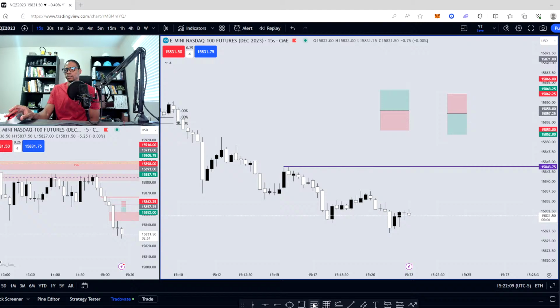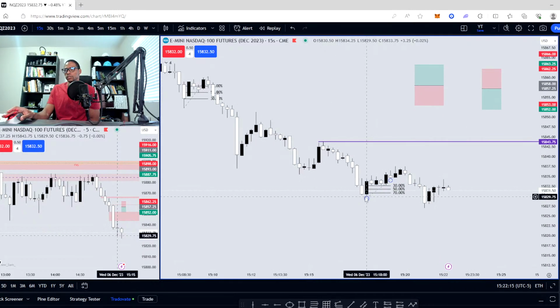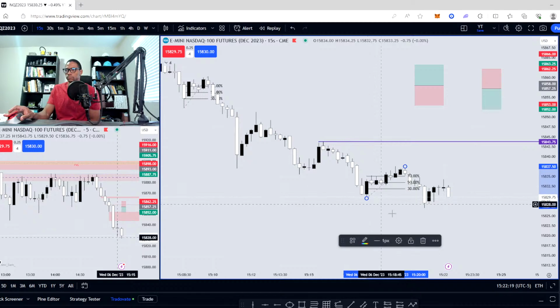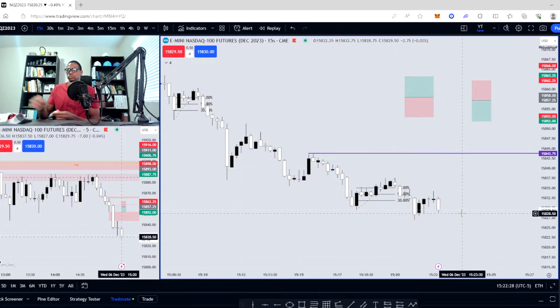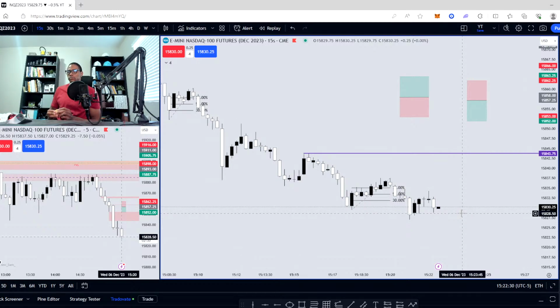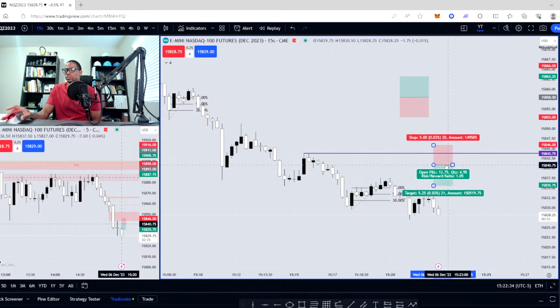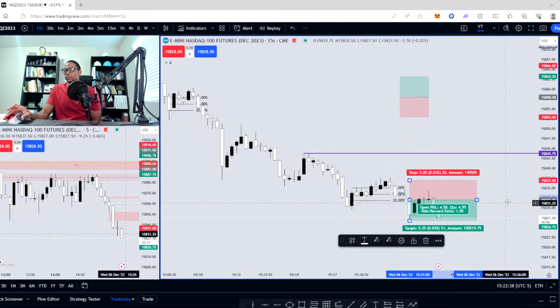New high was made. Oops. Do this the right way. New low, I mean. Trade back into 30%. Now it looks like it's on its way down. Let's take the short tool, move it into position. Okay.